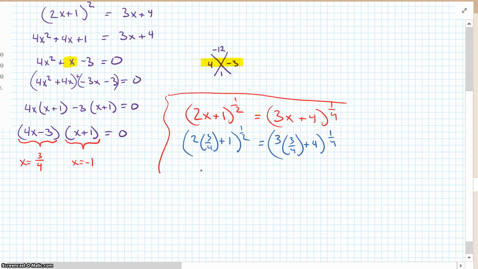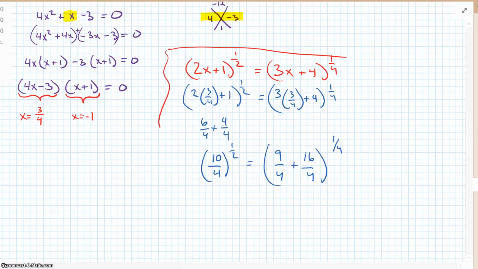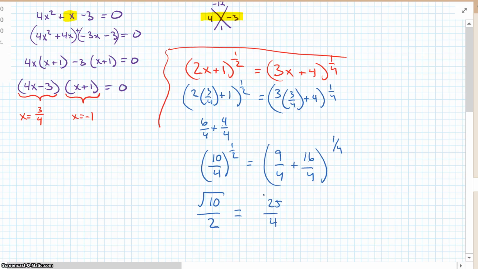So I'm going to get 6 over 4 plus 1, so we'll just say plus 4 over 4, so I can combine like terms, so that's (10 over 4) to the 1/2 equals (9 over 4 plus, since that's 4, we can say that's 16 over 4) to the 1/4. So really this is saying this is the square root of 10 over 2, equal to (25 over 4) to the 1/4.